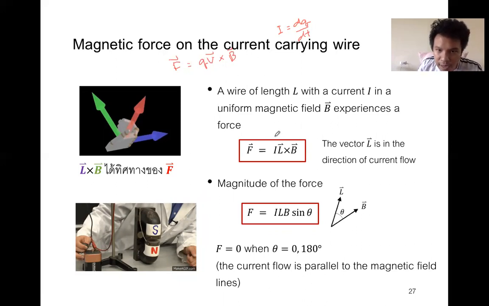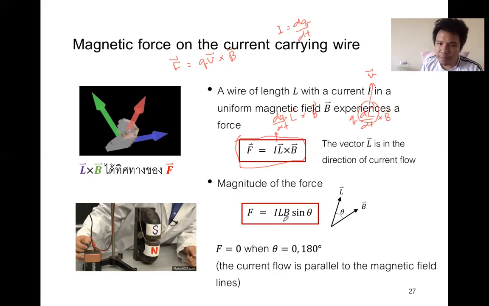So here I is dq by dt, times L, cross B. If I treat the charge as a constant, and I move the d by dt differential operator towards the L, dL by dt will give us the velocity v. So they are actually the same relation, but this one we are writing in terms of the current.